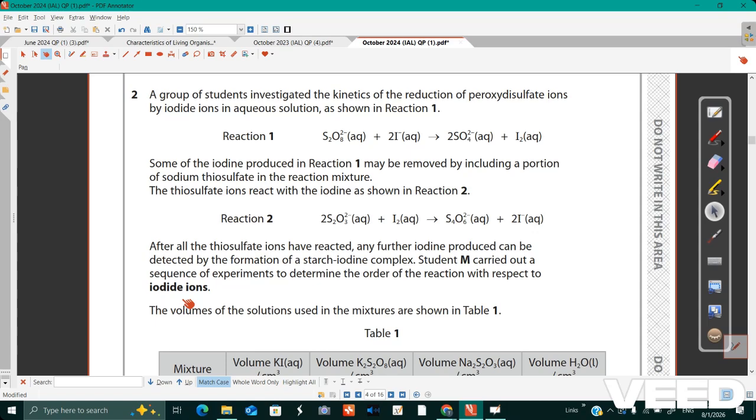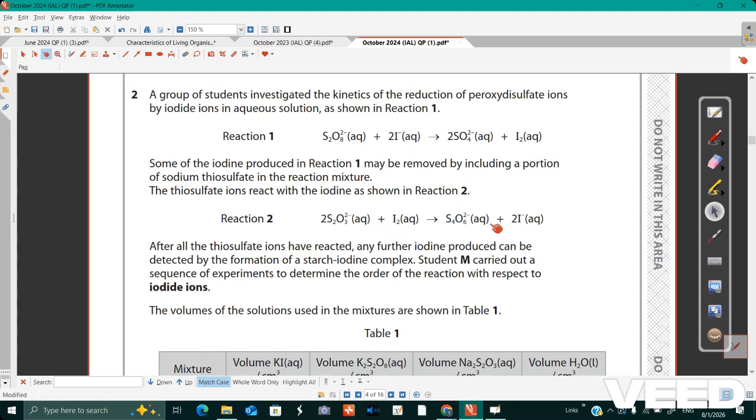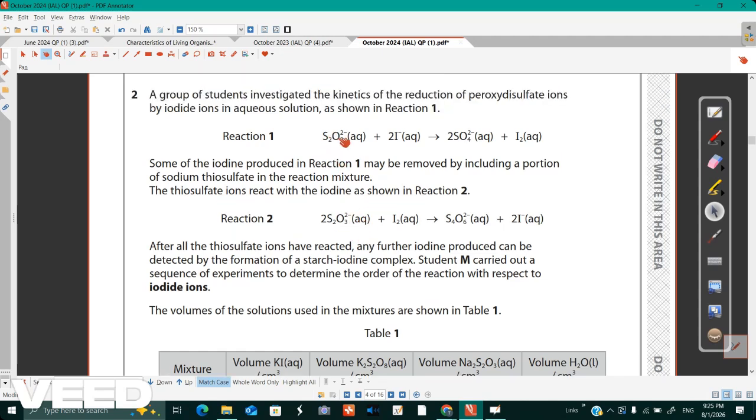So they are making an assumption. Some of this iodine is getting removed with thiosulfate. So basically thiosulfate is reacting with I2. This is not the thiosulfate.